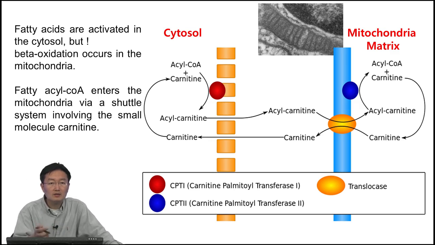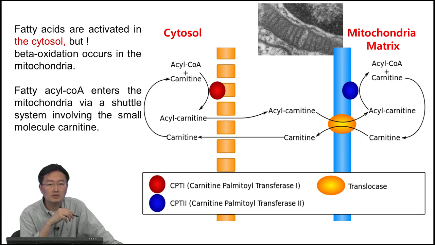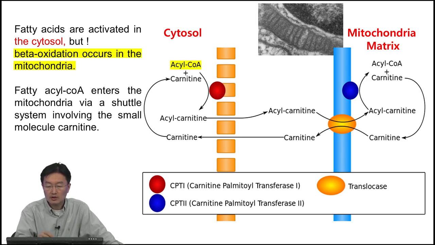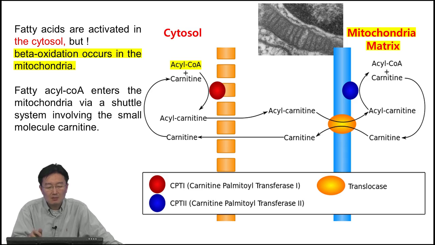That reaction occurs inside the cytosol of the target cell, peripheral cells. But the main oxidative process occurs inside the mitochondria. Beta oxidation takes place inside the mitochondria. So fatty acyl-CoA should be transported into the mitochondrial matrix. This transport process is a little bit complicated.